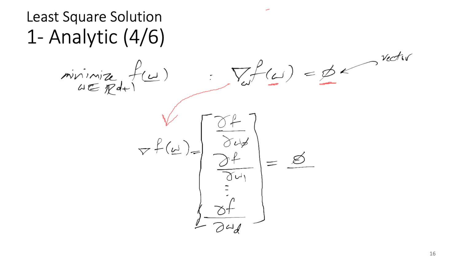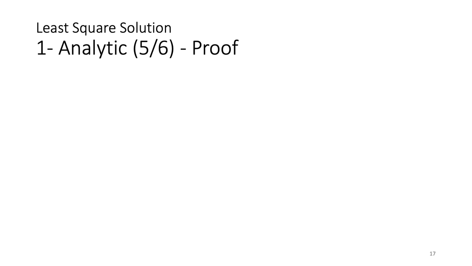All right, so let's go back to the proof of that pseudo-inverse we talked about. Our f of w is our squared error, which was the norm of the vector y minus Xw.